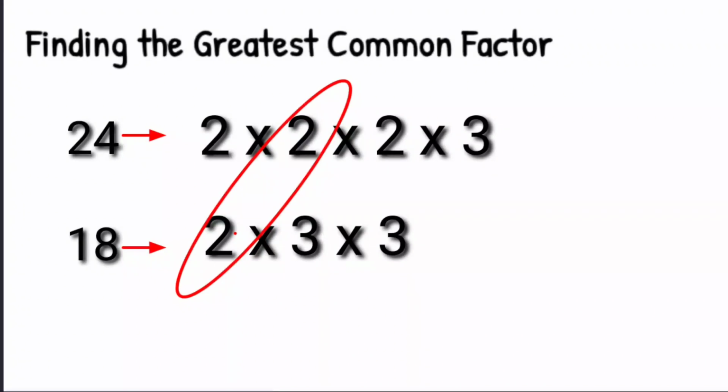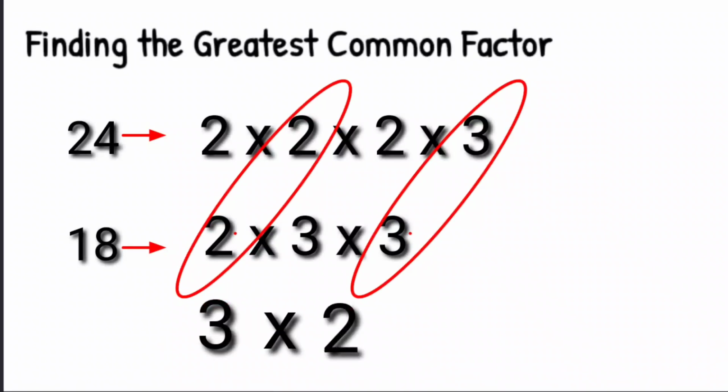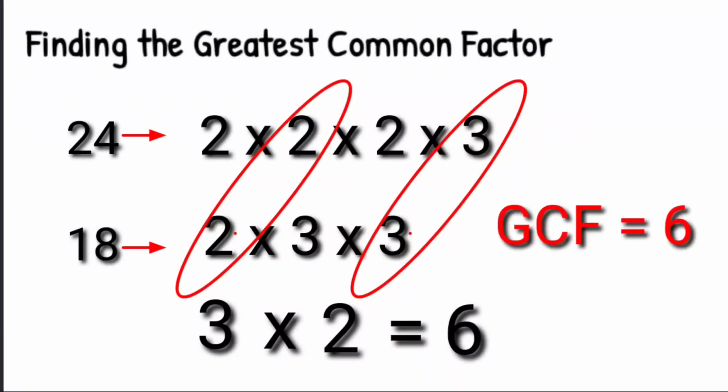There is another common number. 3 is a common number, so I circle it. Now again, the greatest common factor is the product of the numbers in common. So 3 times 2 is equal to 6. So the GCF of 24 and 18 is 6.